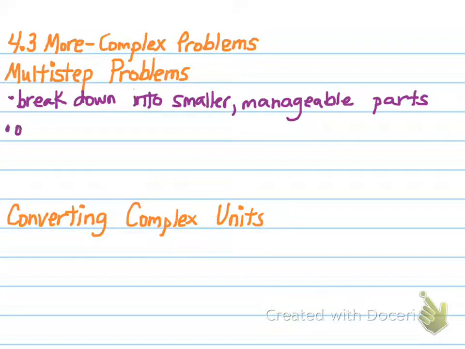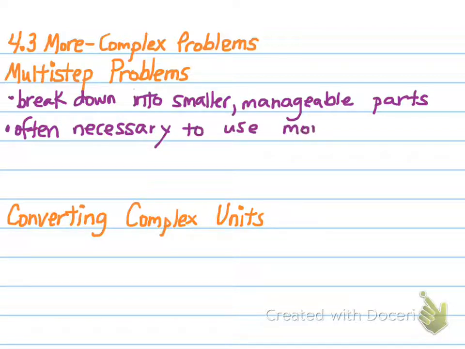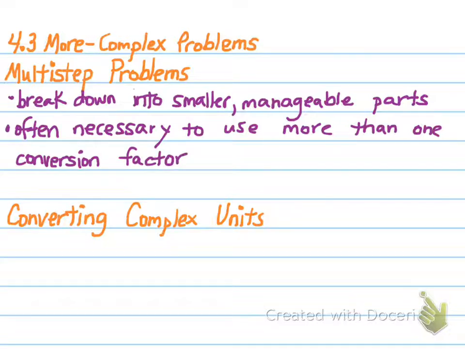And for these problems, it is often necessary to use more than one conversion factor. And we actually saw a couple examples of those already yesterday when we did our notes.